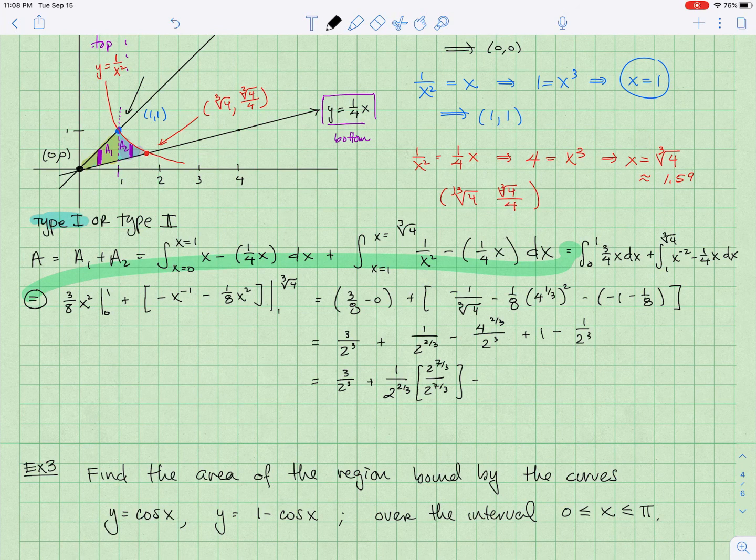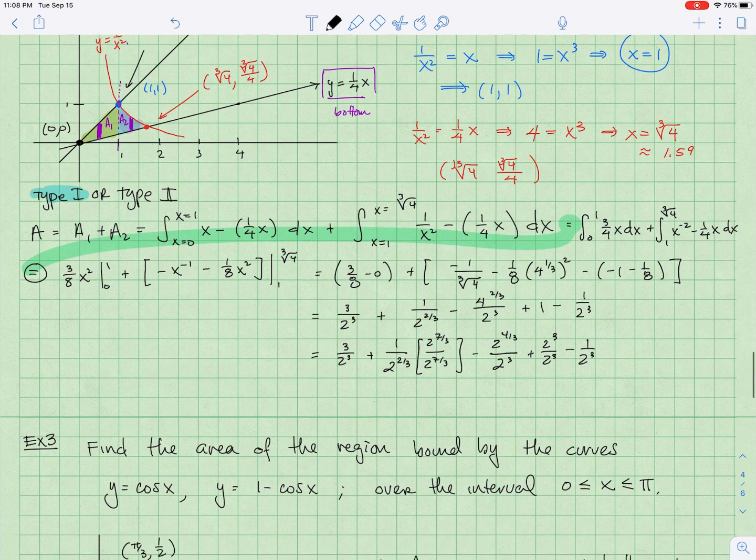In the top there, that's 4 to the 2/3, which is 2 to the 4/3, over 2 cubed plus 2 cubed over 2 cubed minus 1 over 2 cubed.